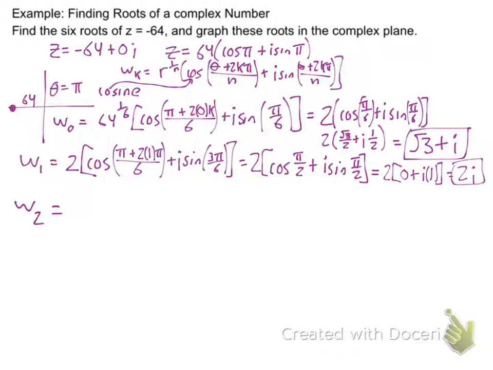Yeah. Now guys, as I hinted on the last slide, there is a shorter way to do this, but I don't want you using it if you don't get it. I want you to recognize that there are certain things going on. 2 times cosine of pi plus 2 times 2 pi all over 6, plus when I sine, that becomes 5 pi over 6.